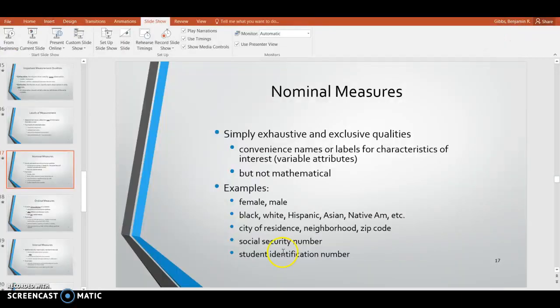Let's go to the examples. So you have male, female. Of course, can't rank order, but in a data set, you would have one designated as 0, one designated as 1. It doesn't matter for our purposes which one is designated with which number. It's really for interpretation purposes, again, through statistical analysis.